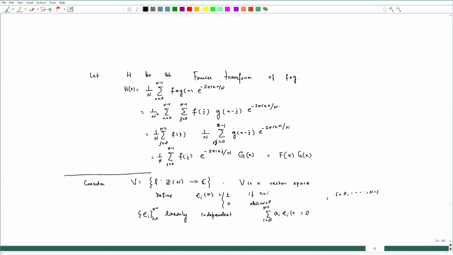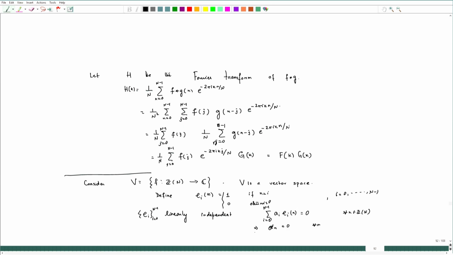That means this is true for every n belonging to Z_N. Then here only the term with i equal to n is going to survive. Therefore, a_n is equal to 0 for all n.